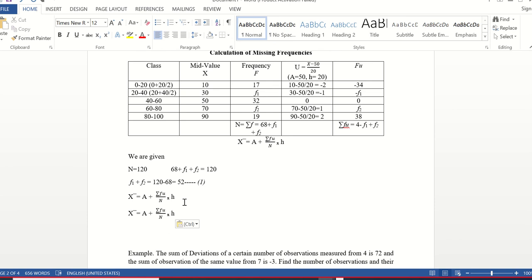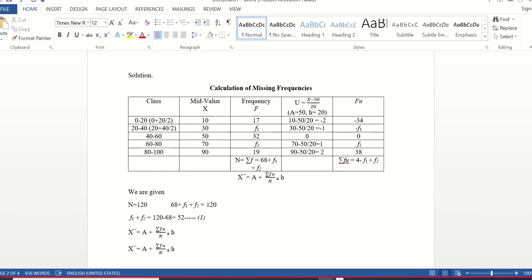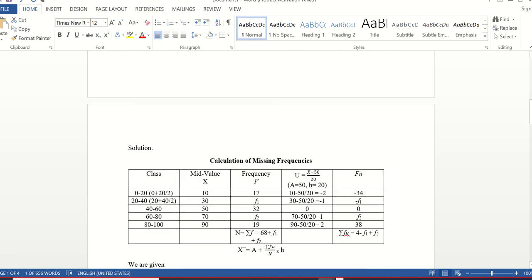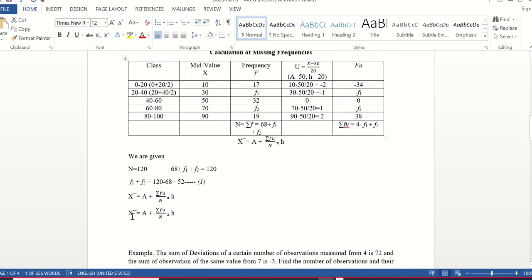Mean is already given to us in the question, 50. So I will apply this value here, 50 equals A. A is also 50, right?